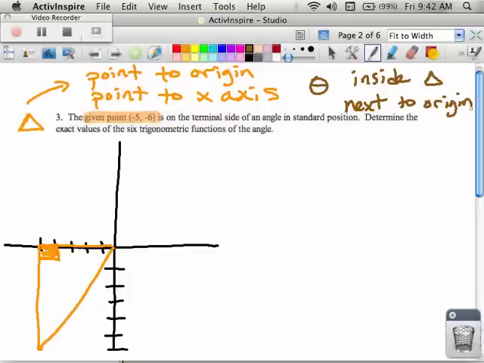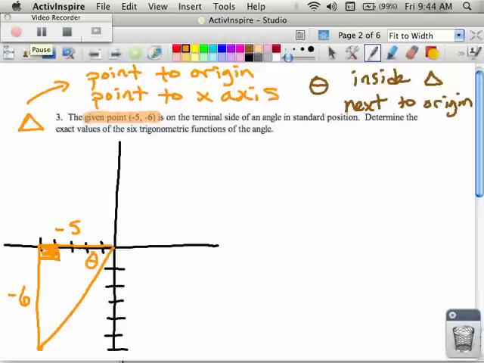So my theta is right here. So I look at my triangle. What I noticed from the point was that I had -5, so this is -5 here. And I noticed that I had -6 here. So that was my triangle.